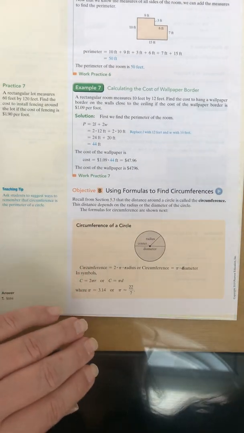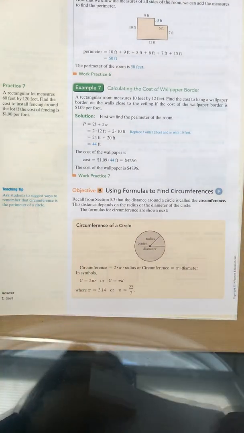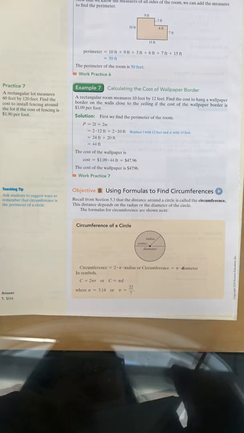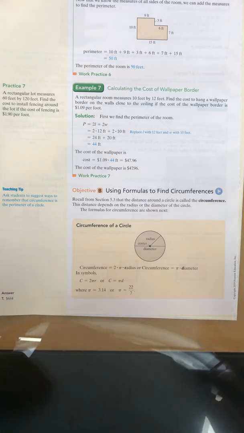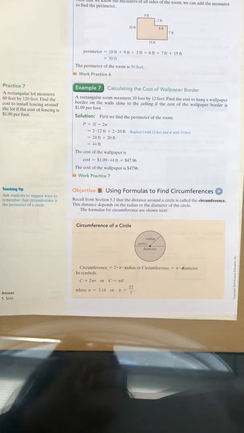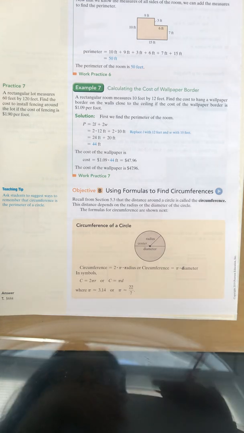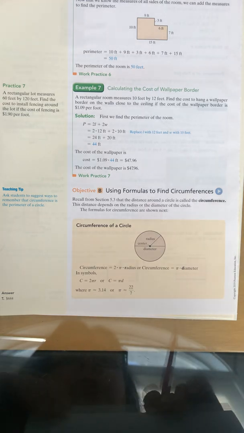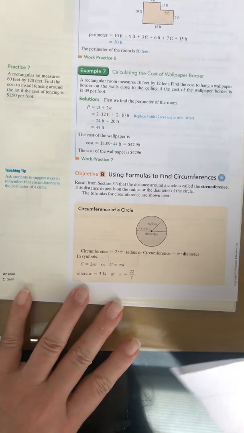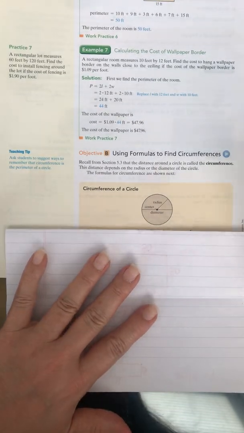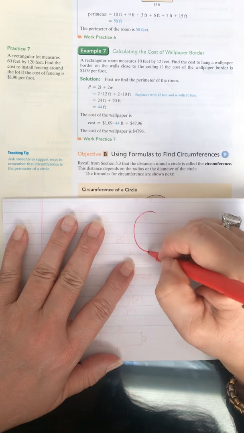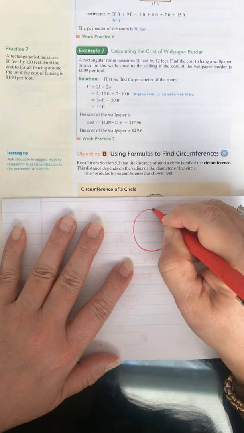Okay? The circumference of a circle is really the perimeter of it. We use the word circumference. When you hear the word circumference, think perimeter. There's 2 formulas. First of all, here's a picture of a circle. I will redraw it for you. Here's your circle.